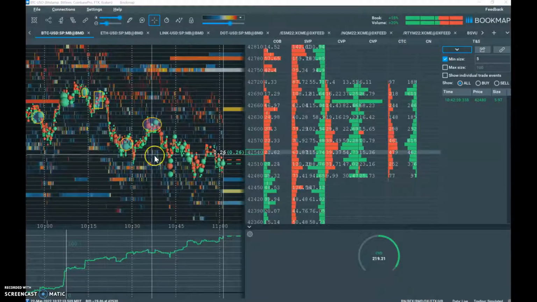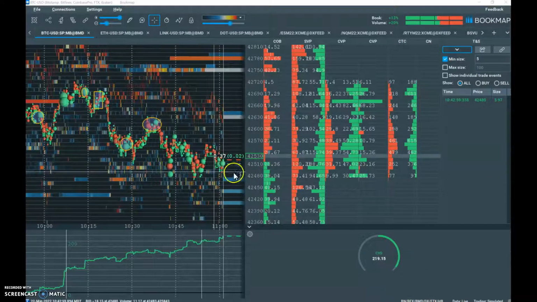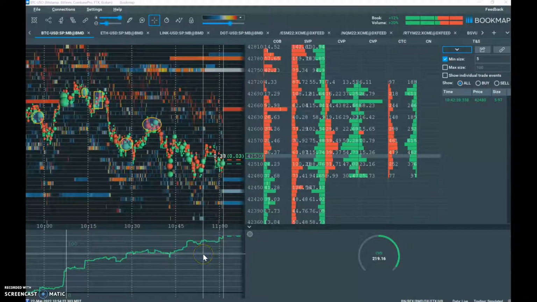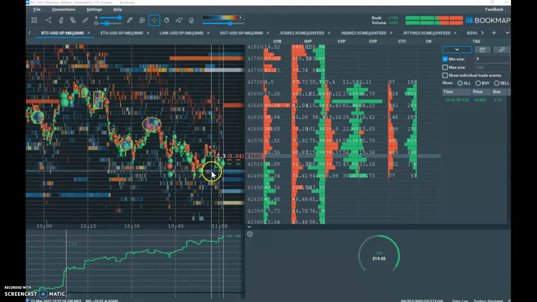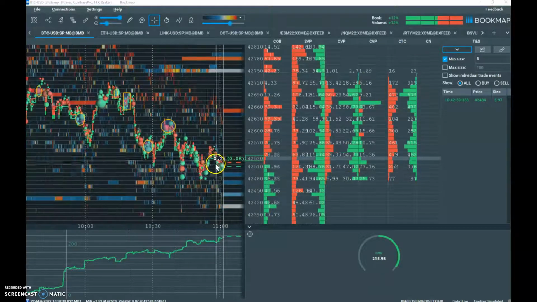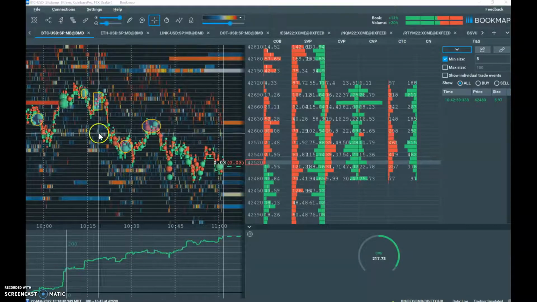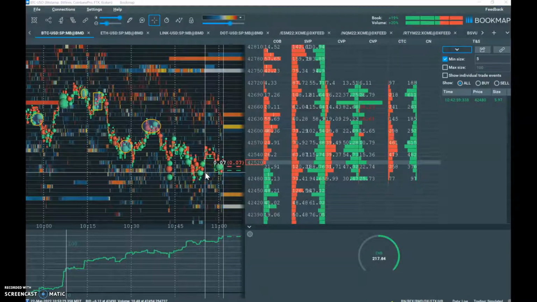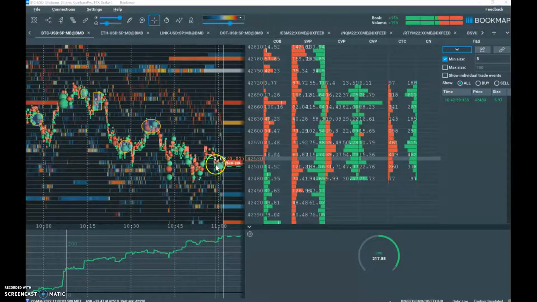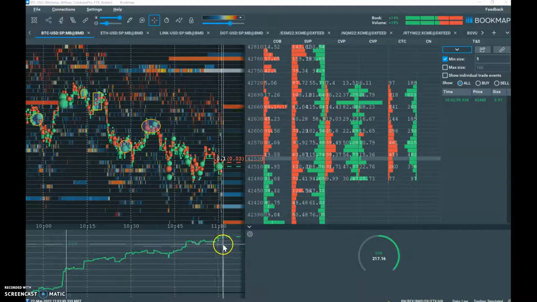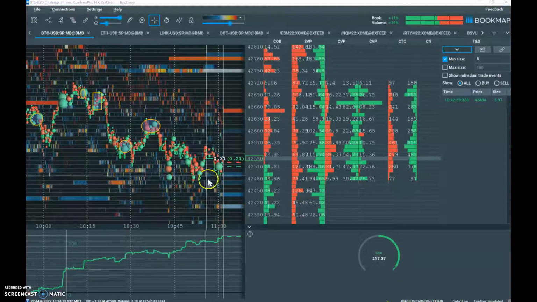So that type of difference is what you want to pay attention to. What you want to see is this continue. When you see something like this, you would only want to consider the short side, right? Because despite all the buying, this thing is still going down.